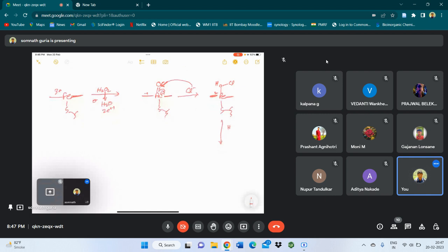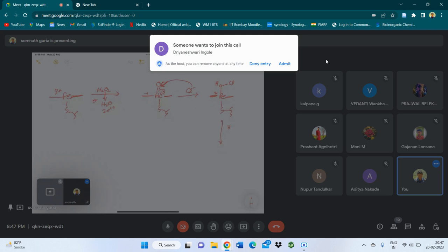Your system becomes iron Fe 3 plus. It becomes OH and takes one proton from the outside, so OH2. The rest of the things remain.